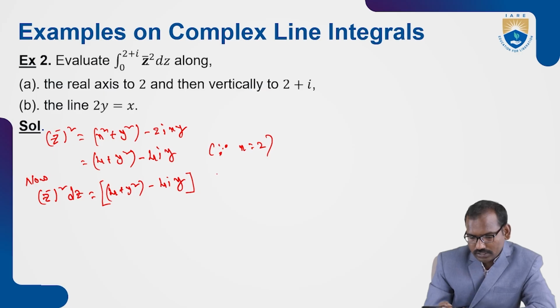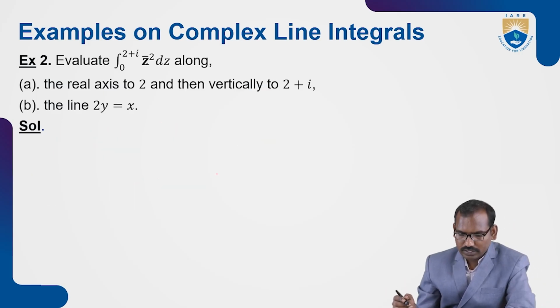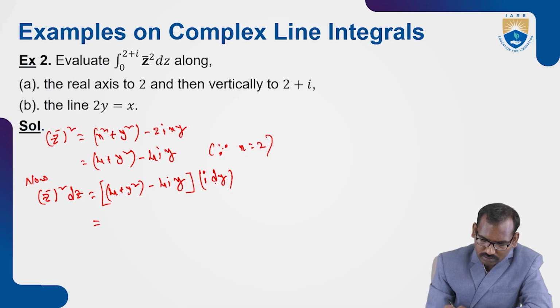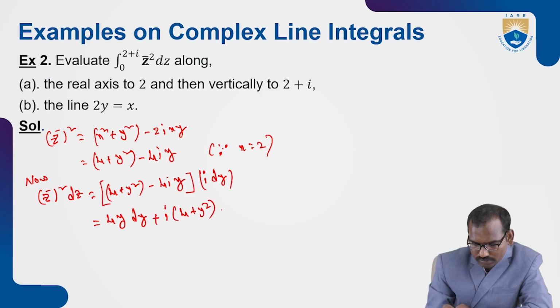Into dz. dz is nothing but I times dy. So it is simply, I will write first the real part: 4y dy plus I times 4 plus y square dy.